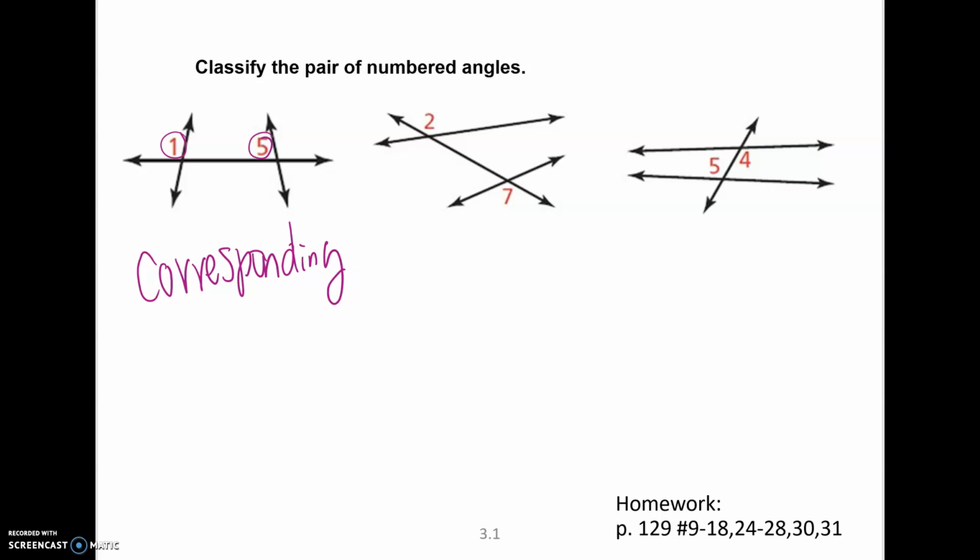And my second one, it looks like my numbers are on the outside of my 2 lines and opposite sides of that transversal. So this is alternate exterior angles. And my last one, they're inside the lines, still opposite sides of T. So this is alternate interior angles.